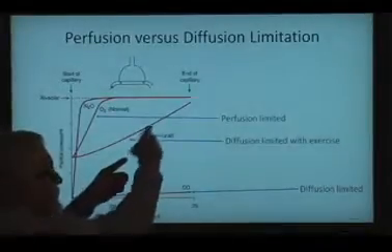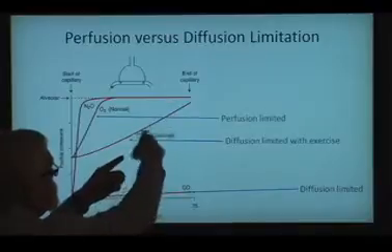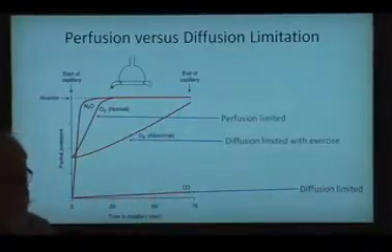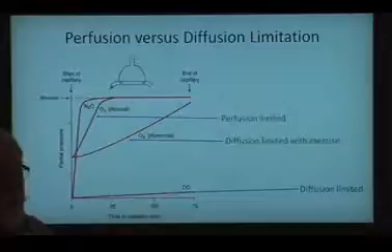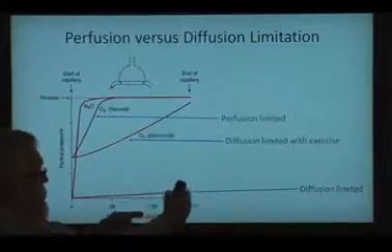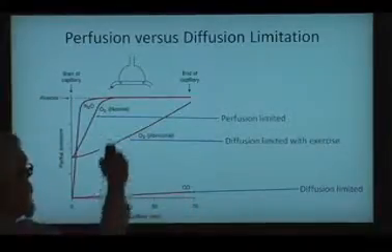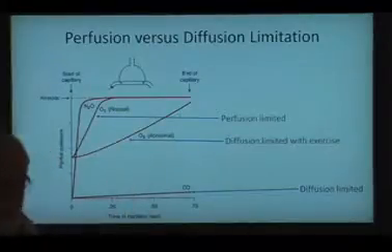So this begins to give a clue that the patient with diffusion limitation, like the patient with COPD, with emphysema, when they exercise, the blood spends less time in the pulmonary capillary and their PO2 may indeed drop.